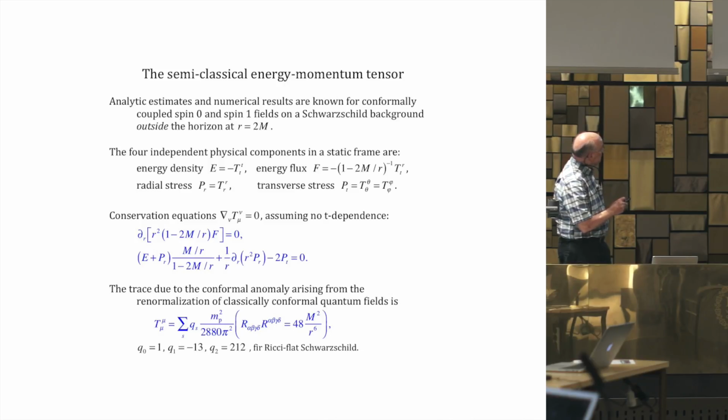relating the radial stresses and gravitational acceleration. Now, an important issue here is the fields I'm considering, normally coupled spin 0 and spin 1 fields. If one makes the normal assumption, then for these classically conformally invariant fields, the only contribution you get to a non-zero trace of the stress-energy tensor is from renormalization of the fields.